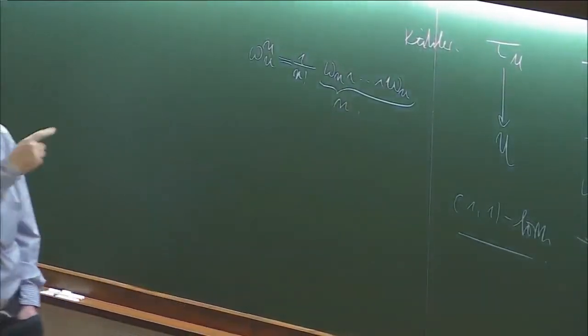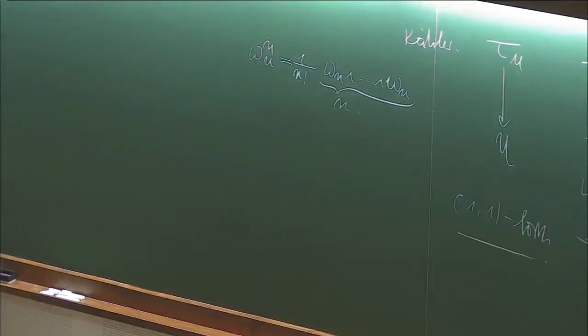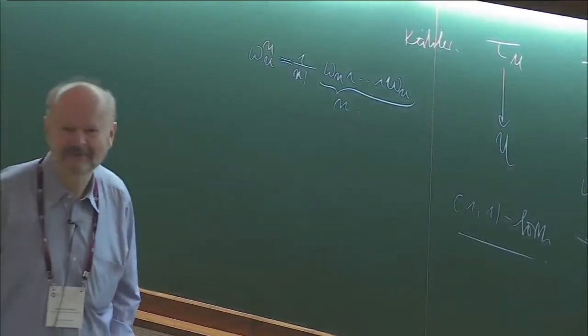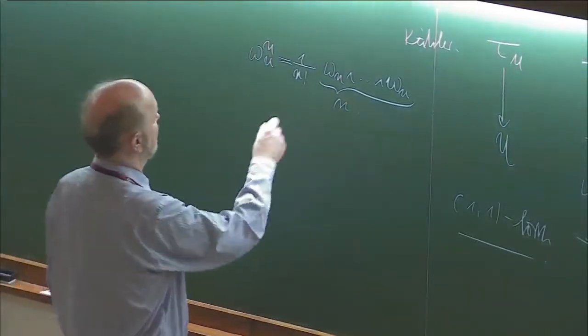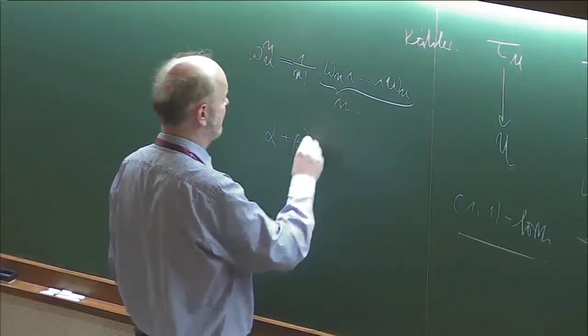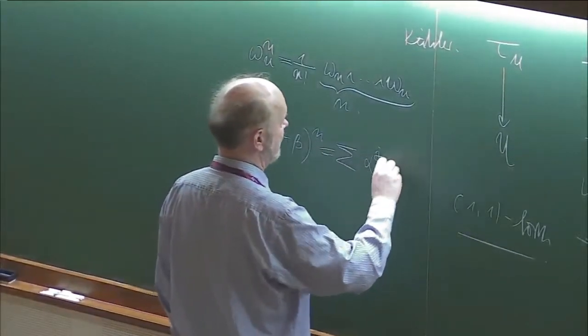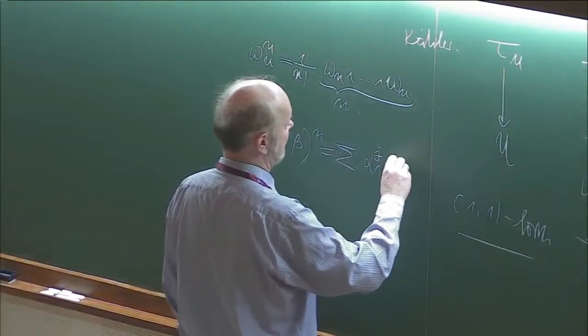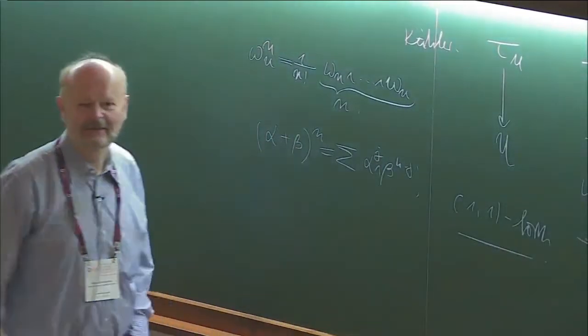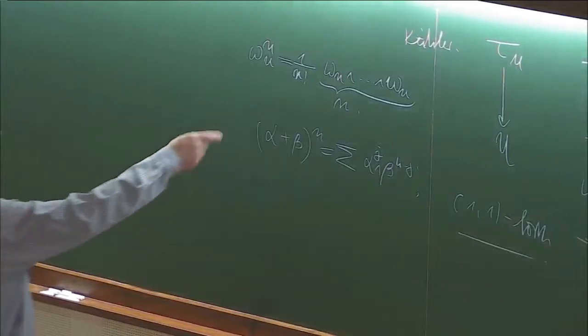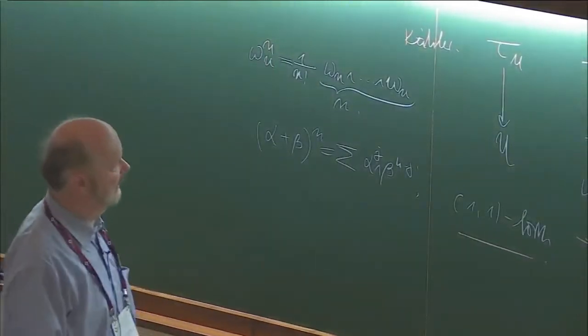And the advantage of such an approach is that the binomial coefficients all become 1. Right. So this means alpha plus beta to the power n equals the sum of alpha to the j wedge beta to the n minus j, which simplifies our notation. So we don't want to carry around all of these numerical factors.